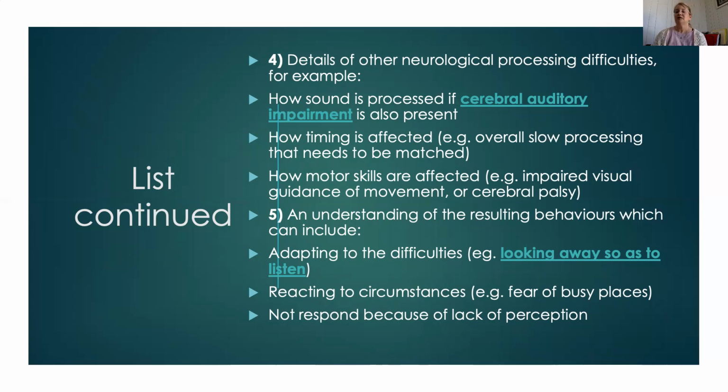We need to wait. I'm going to give an example right now of classroom teachers, and we've talked about this before, or any of us that teach. When we ask a question, we are generally expecting an answer probably within 4 to 5 seconds. And a lot of these kids with cerebral vision impairment need probably more like 15 to 20 seconds.